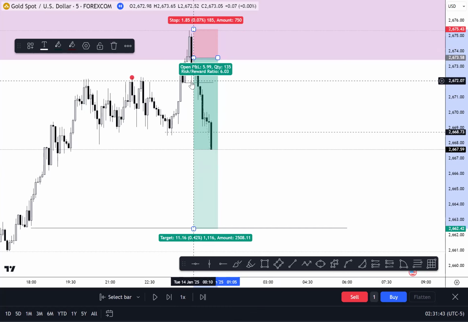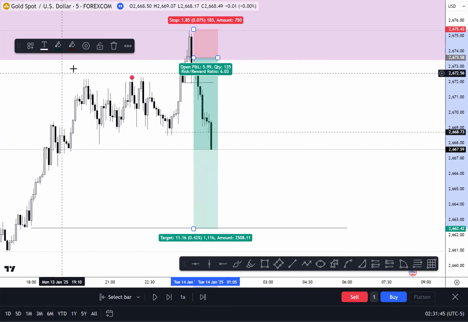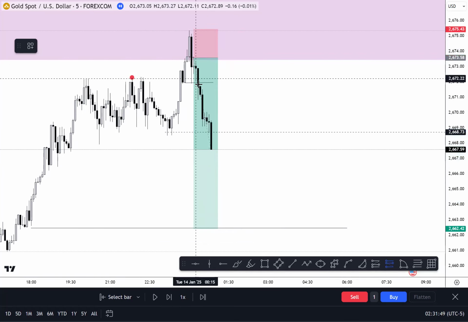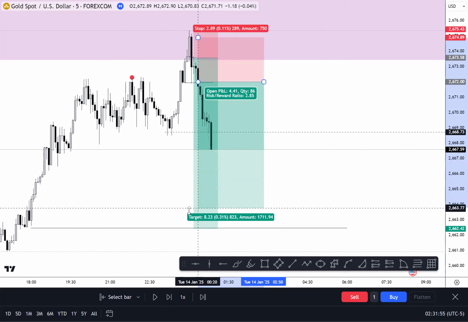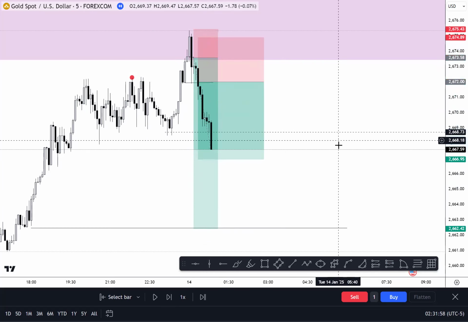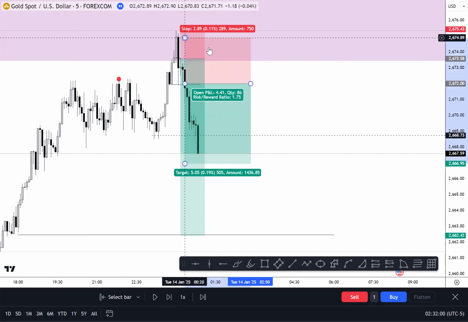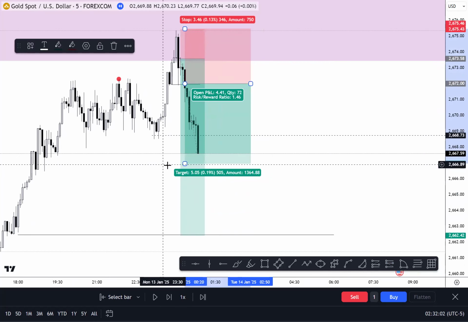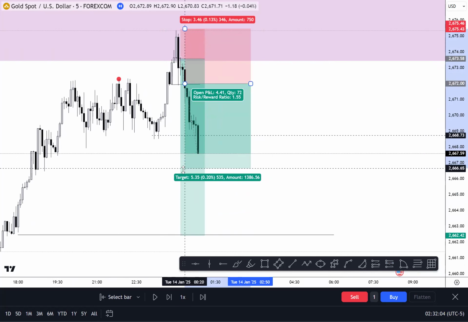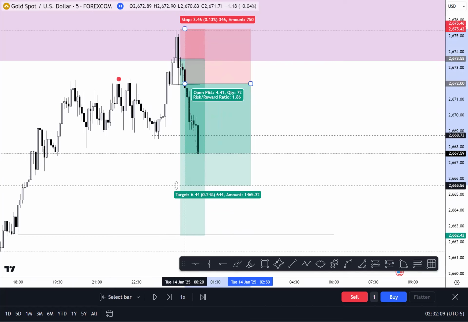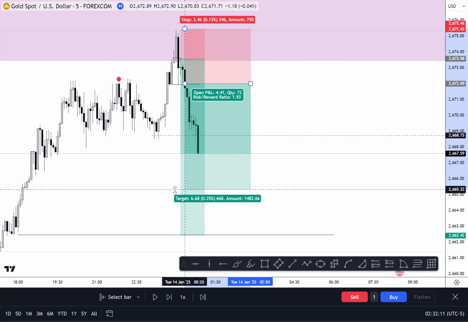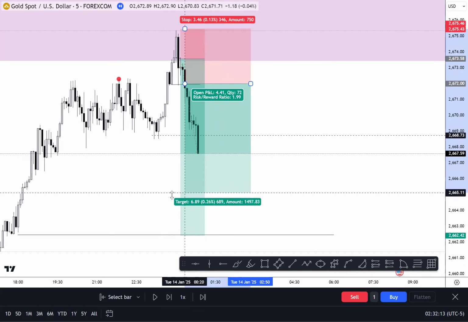And also, if you were to take the trade from the 5-minute zone entry point, which is here, your stop loss will still be at the same point, and your 1:2 is going to be somewhere here.